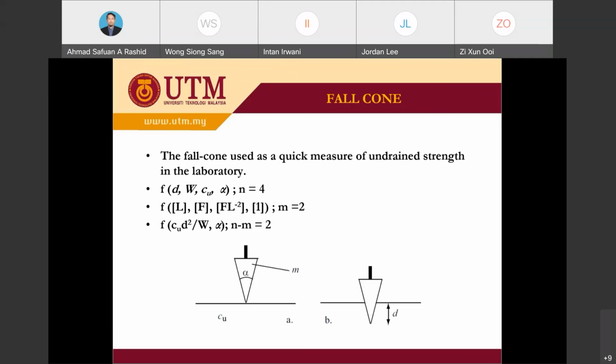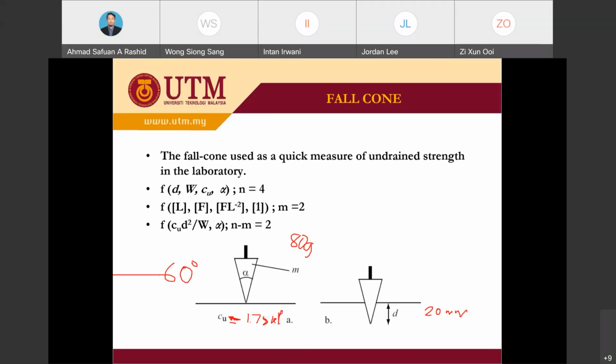For example, for a liquid limit test, the value for the mass is about 80 gram, the angle of the cone is about 60 degrees, and the penetration depth is about 20 millimeter, and the Cu, if I'm not mistaken, for the liquid limit condition is 1.78 kilopascal.